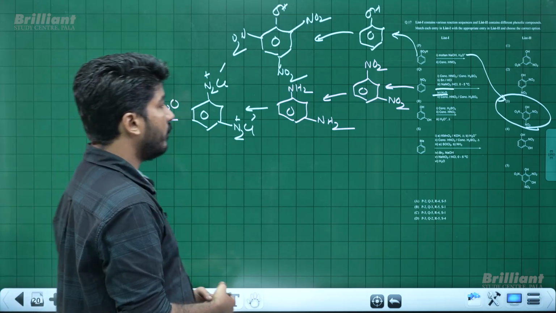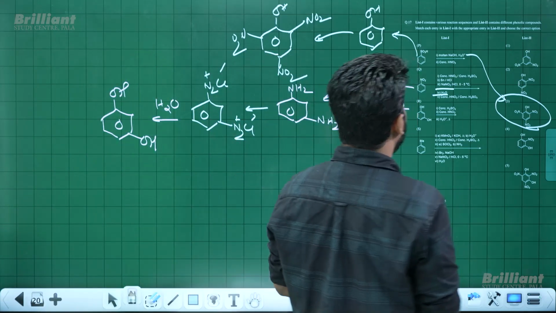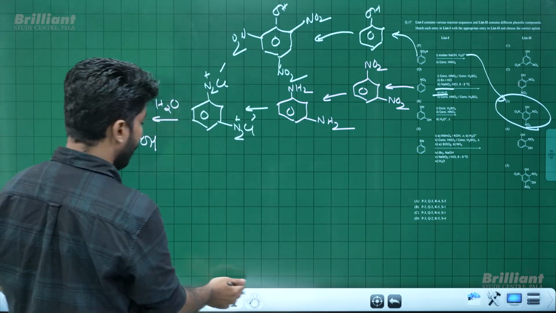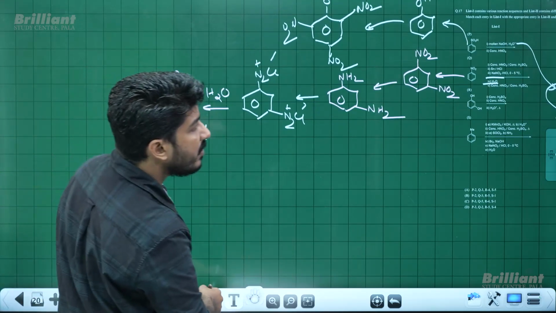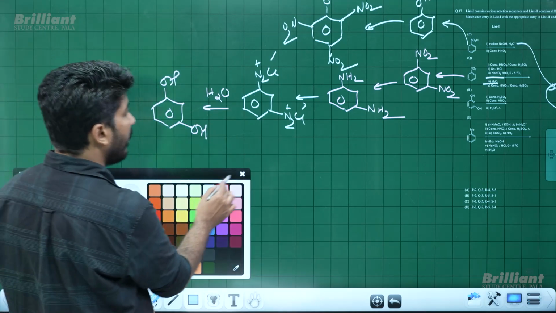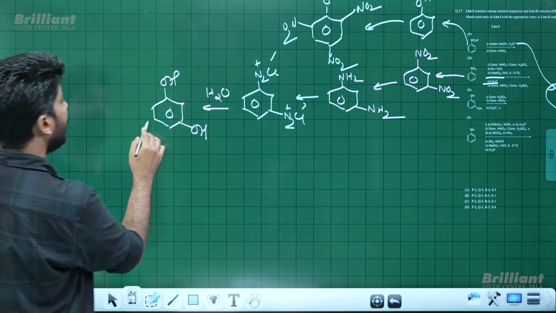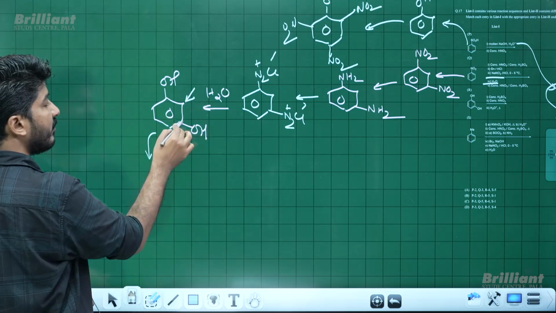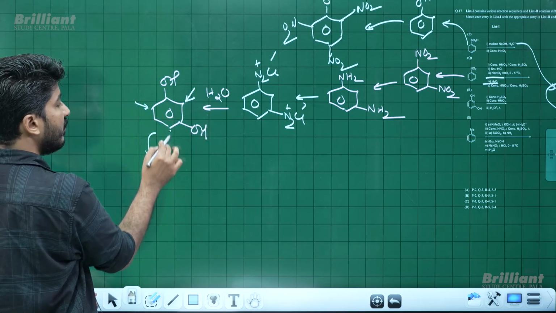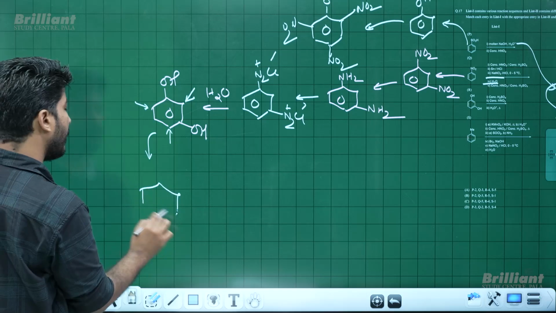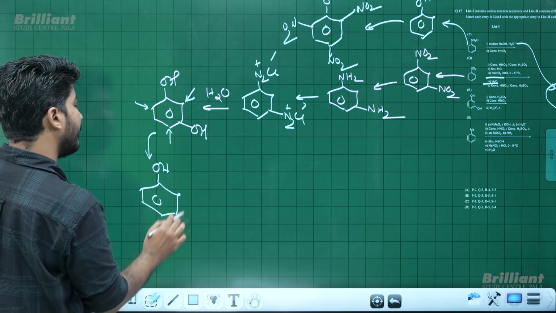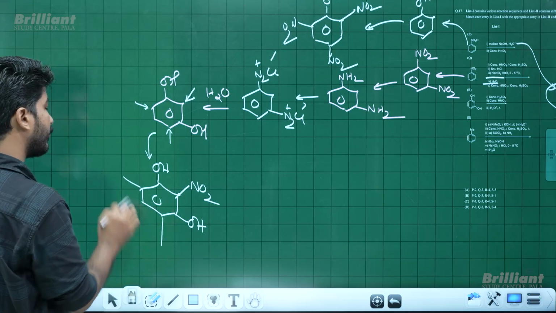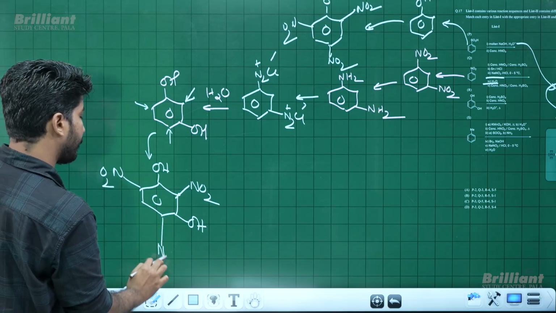So after that we are again doing nitration of the final compound. Concentrated HNO3 is applied. Nitration of this compound will give us introduction of NO2 group at ortho and para positions. These are the ortho and para positions. So we can expect entry of 3 NO2 groups at those specific sites.